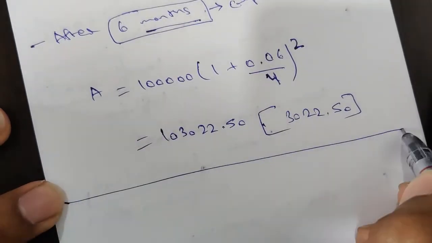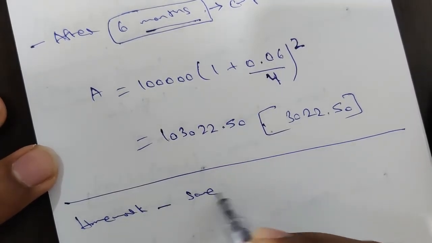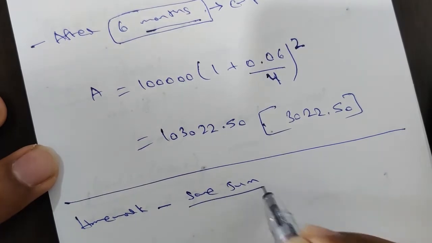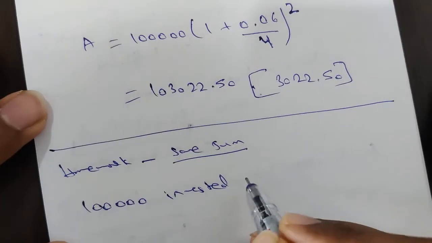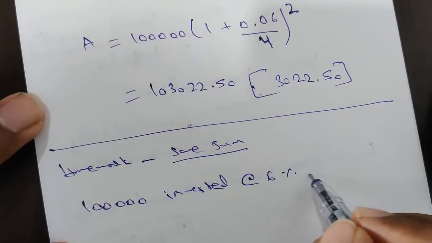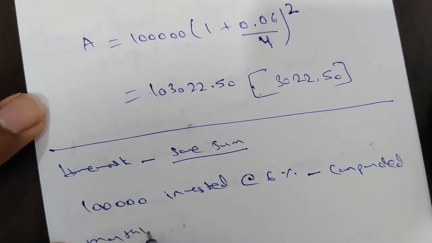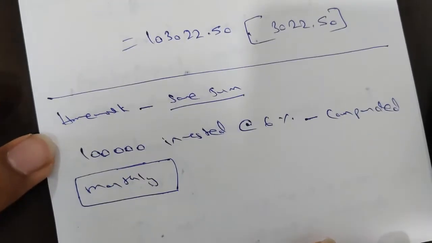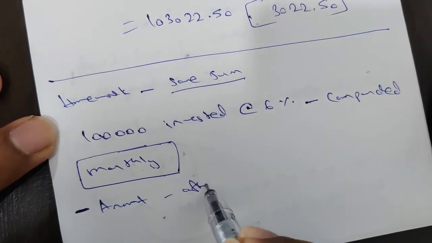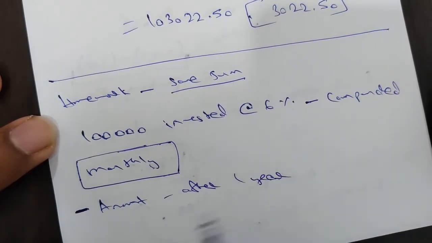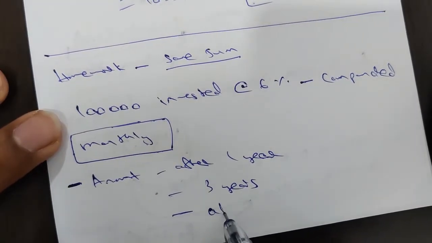Now for homework, I want you to do the same sum. What was the same sum? 1 lakh invested at the rate of 6%, compounded monthly. So I want you to calculate the amount after 1 year, after 3 years, and after 6 months.